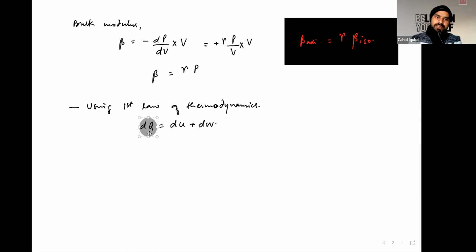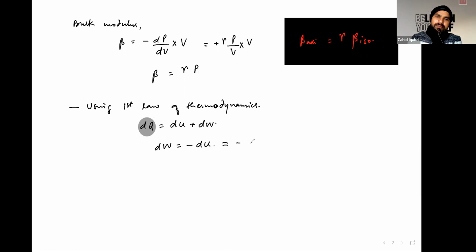Since there is no supply or rejection of heat during this process, this will be 0. So the sum of these two quantities will be 0. So work done will be just the negative of internal energy, or internal energy is just the negative of work done.